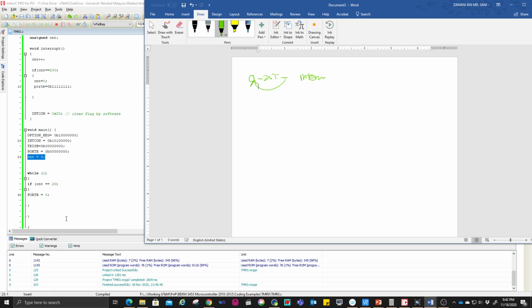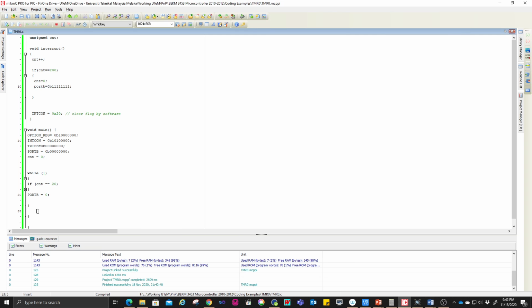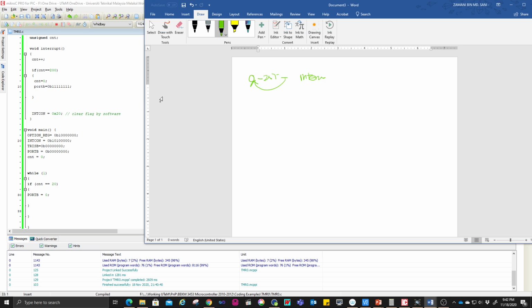It will go up, but your count is still not yet 20, it is 0, so it's going to keep looping at this one. If count, then it will go out here and do this one, nothing, do this one, nothing, right? So now you will go to the interrupt once the counting has completed and overflow happens.